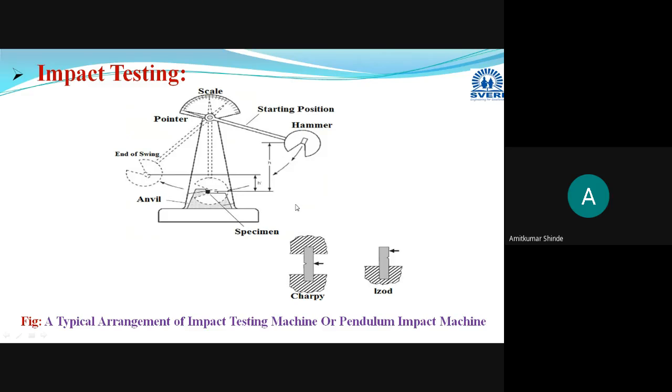In your books, for example the V. D. Kodgire book, if you are referring to that book, they have calculated a critical velocity. The calculations are done by assuming one impact testing machine with a certain weight and a particular height, and depending on this weight and height they have calculated the critical velocity.